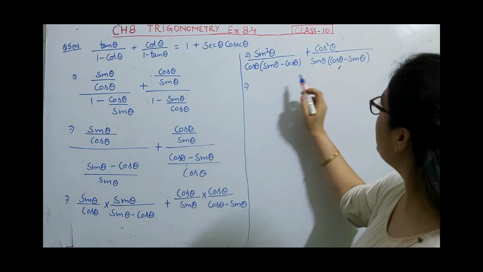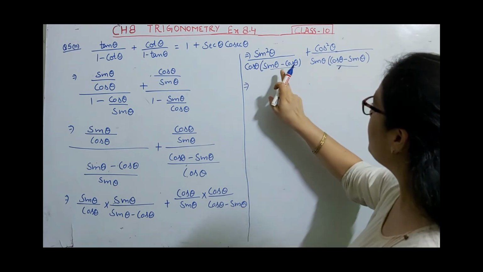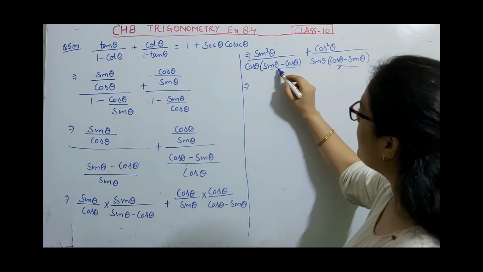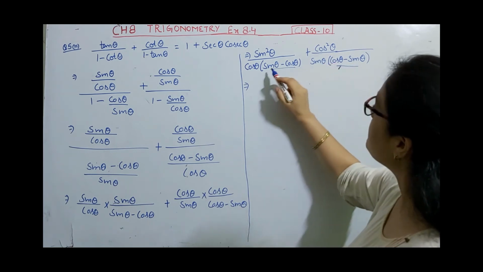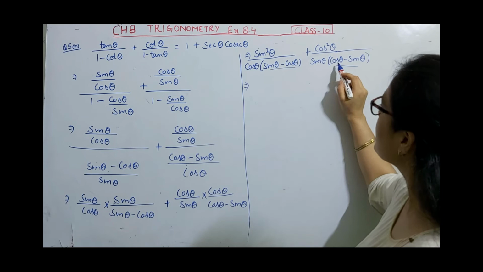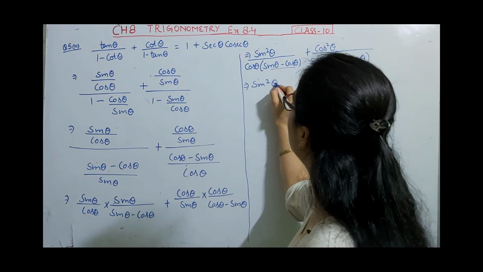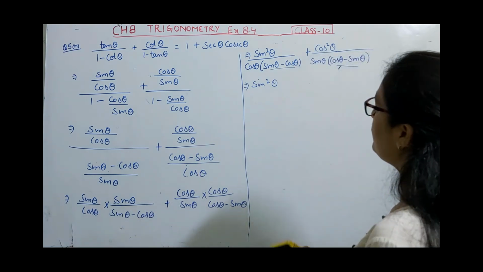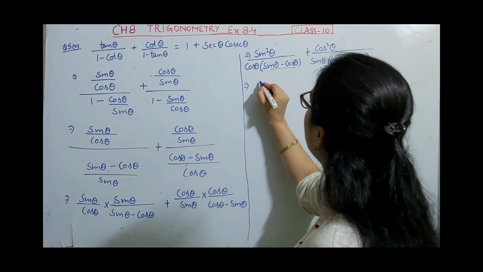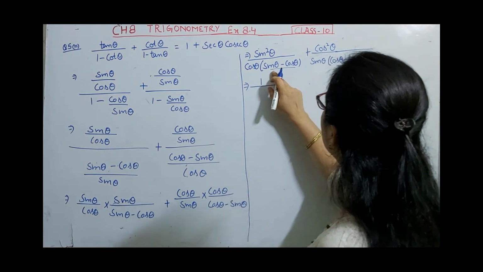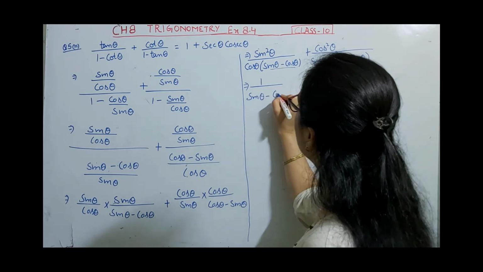So what we do in next step, here sin theta and cos theta are common but with opposite signs. So we convert the sign of this to become sin minus cos. Here it is cos minus sin. We do that in one step. We take common sin theta minus cos theta.